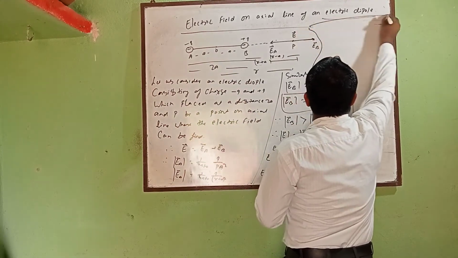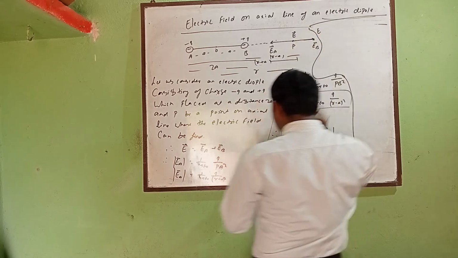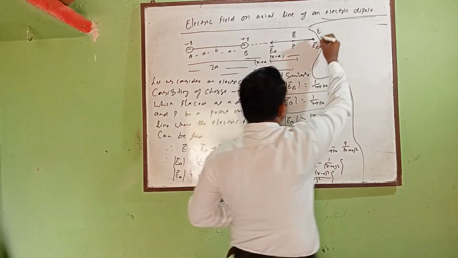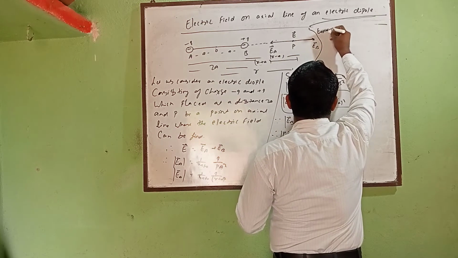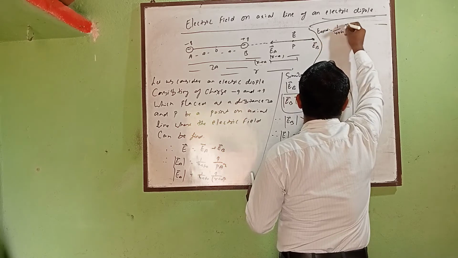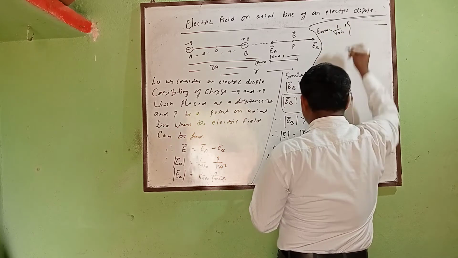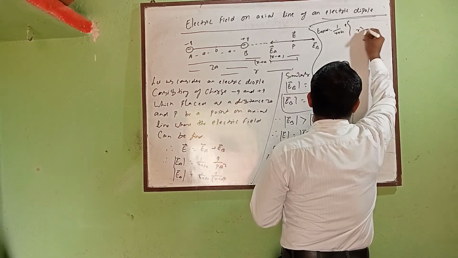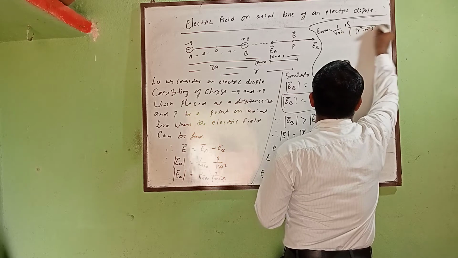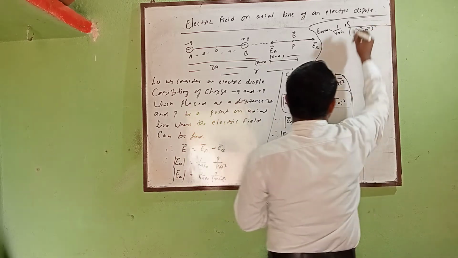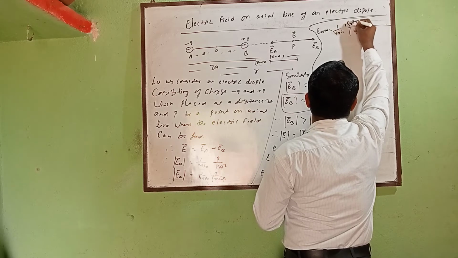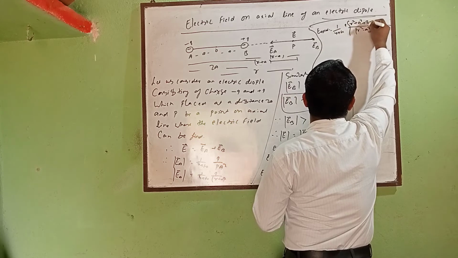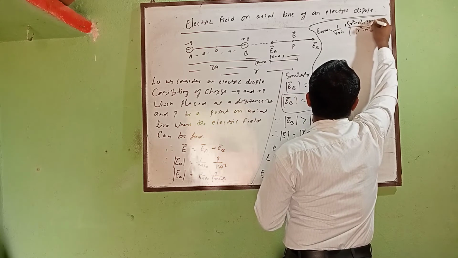Okay. So you will write E, and it is in the axial form. So E axial, axial you can also write here. E axial equal to 1 by 4 pi epsilon naught Q, and by breaking this one, you will write here (R square minus A square) whole square. And write out here: (R plus A) whole square, that is R square plus A square plus 2RA.